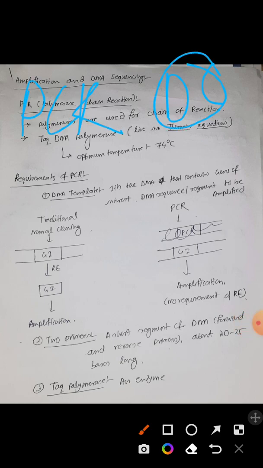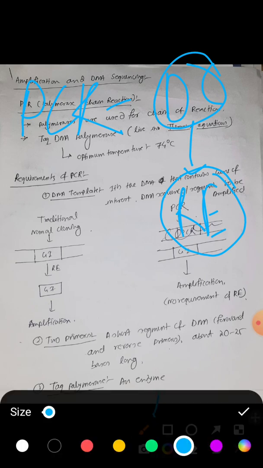Before DNA amplification with the traditional DNA cloning procedure, we have to treat our sample in which our gene of interest is present with restriction endonuclease, right? With its help we cut out our gene of interest from the entire sample. Then with the help of a vector, we insert it into a suitable host.